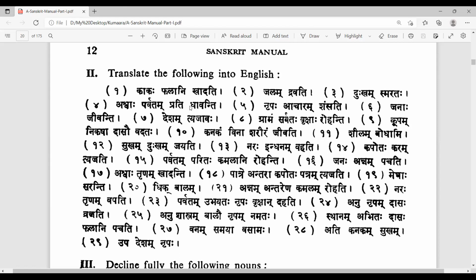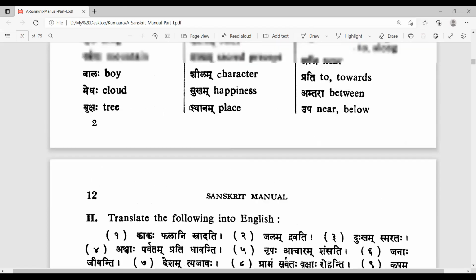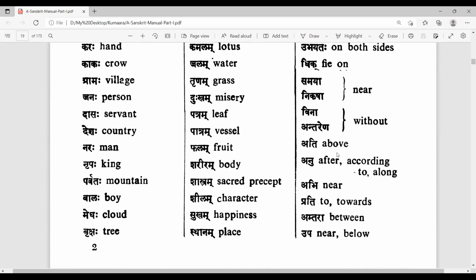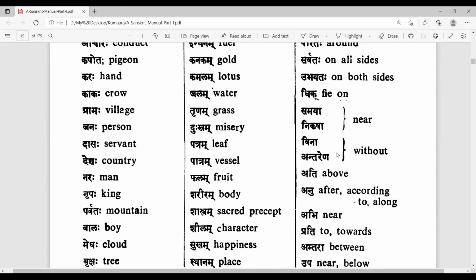Then what is antara doing? What is the meaning of antara? Just check the meaning of antara here. Between. You have to remember all the meanings. But if these prepositions come, it will be only dvitiya vibhakti, right? Not only dvitiya; vina can govern tritiya also.